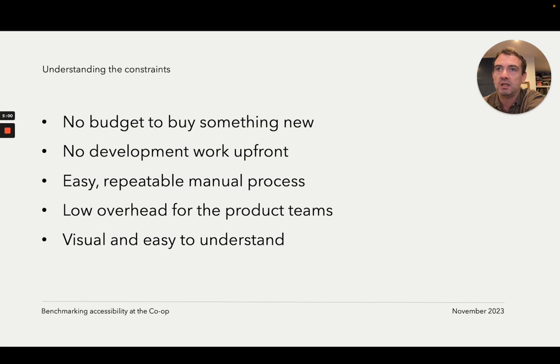It's going to have to be manually updated, and the process will have to be very easy to repeat. The product teams are really busy, so whatever we do needs to offer the benefits we've identified, but also keep the effort as low as possible. And it needs to be easy to understand at all levels, including stakeholders and execs, because it's a communication tool.